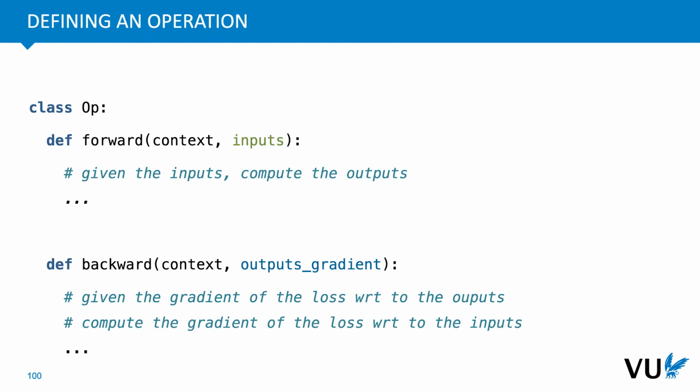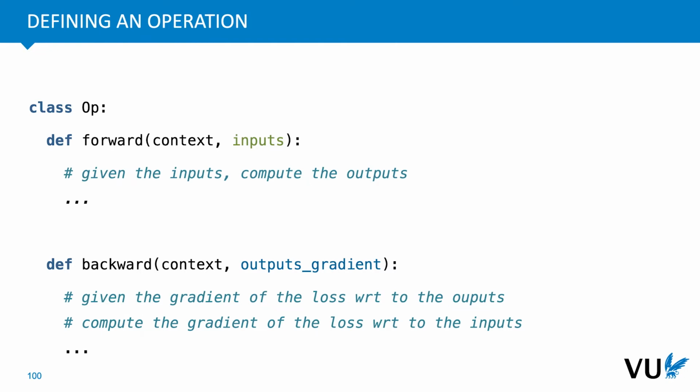If the difference between an op and an op node is unclear, consider that a single neural network may apply, say, a sigmoid operation many times. The op object for the sigmoid defines how to compute the sigmoid operation and how to compute its gradient. Then, for each place in our computation graph where the sigmoid is applied, we create a separate op node object, which references the inputs and the outputs specific to that application of the sigmoid, together with a single pointer to the op that defines what a sigmoid is and how it should be computed.